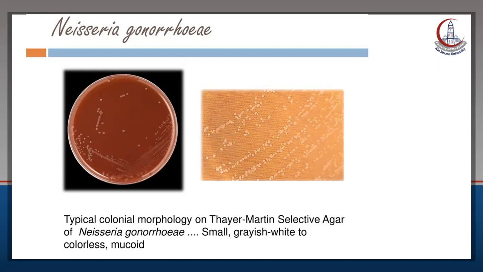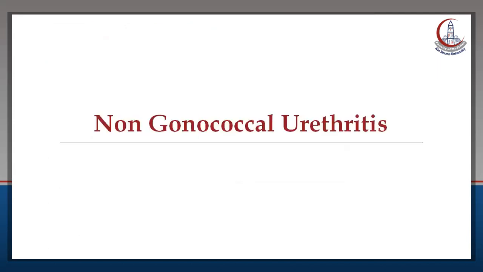Other organisms can cause urethritis, and in this case we call it non-gonococcal urethritis. Non-gonococcal urethritis shares the common features of gonococcal urethritis with the same presentation. However, events go slowly. The incubation period is longer.